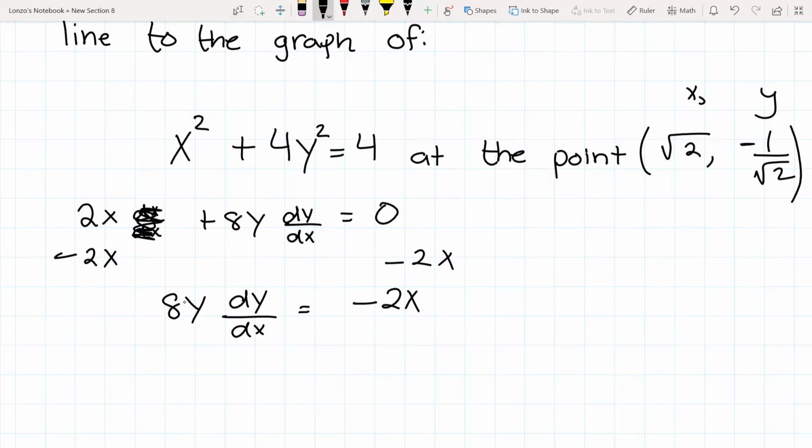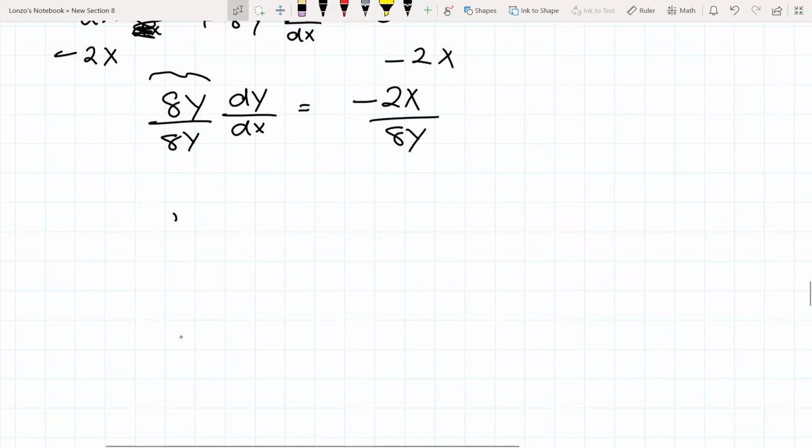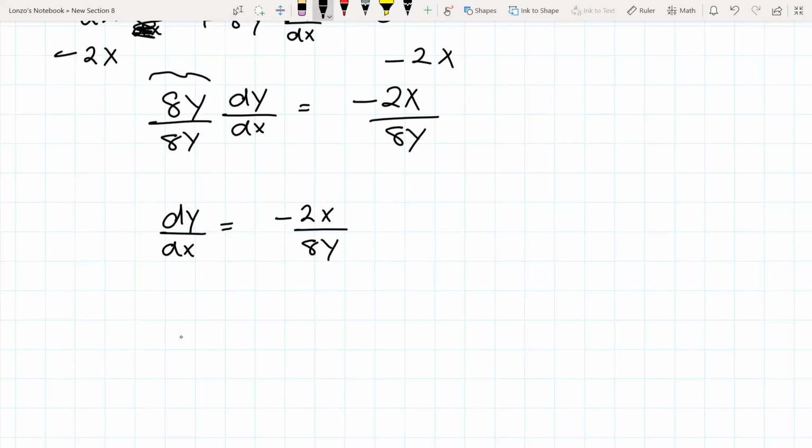Solve for dy dx, so we have to get rid of this 8y by dividing both sides by 8y. So you get dy over dx equals negative 2x over 8y. This can be reduced by 2, so this would be negative x over 4y.